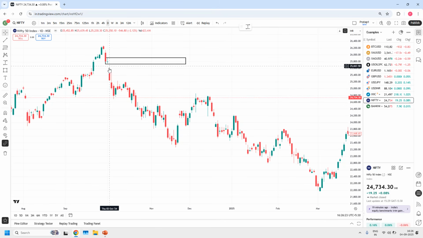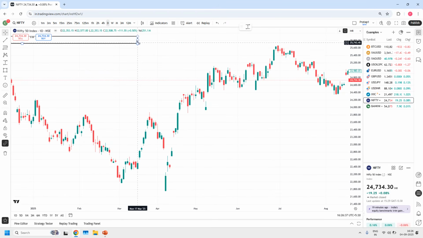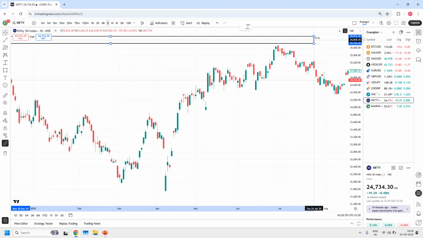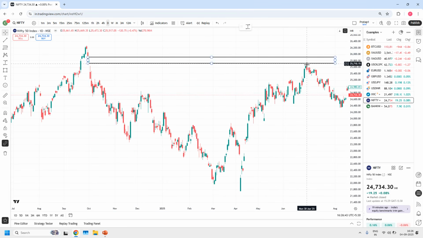And this imbalance, see here, prices moved with gap down. These gap concepts you will be learning in lesson 6. At that time we will discuss. But for the time being, remember. From this area, and recently prices entered into this area, almost close.